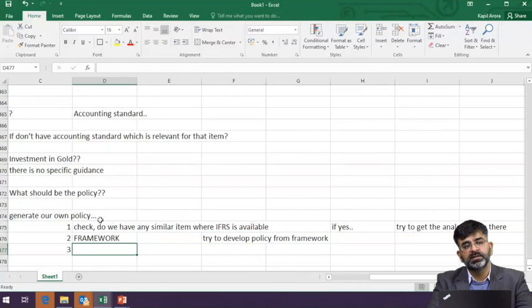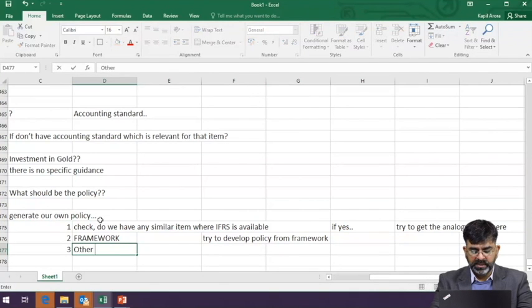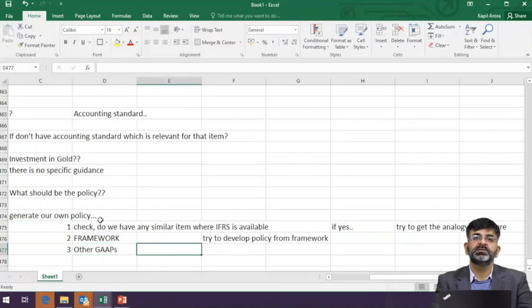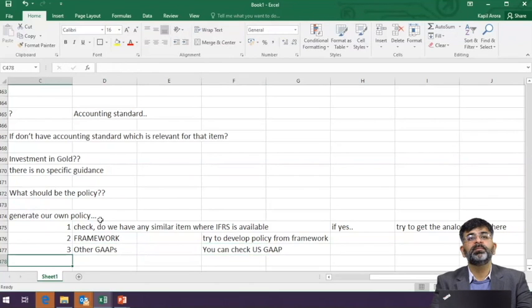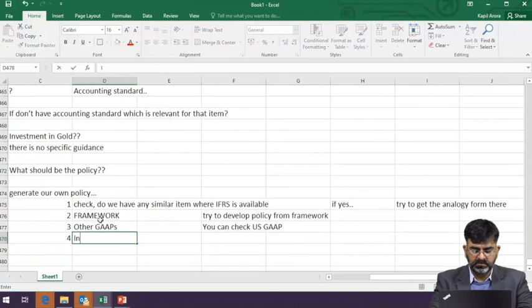If that is also not possible, and you are not clear whether it should be income or expense, or where the value should be taken, the third step is to follow other sources. If something is not available in IFRS, you can check US GAAP, which may give you the answer. If that is also not available, then follow industry practice.